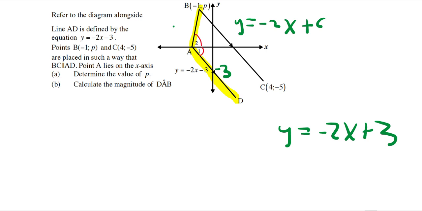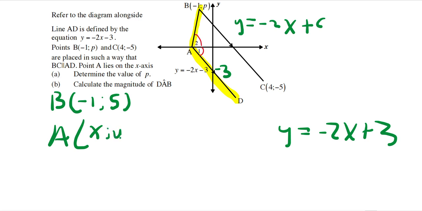First of all, we need the gradient. We know the coordinates of B are given as -1 and 5; I calculated P as 5 in my previous video. Then what are the coordinates of A? Do we know them?